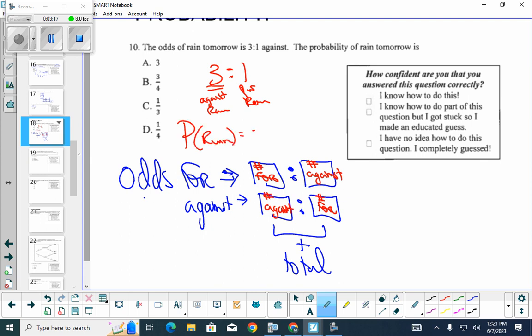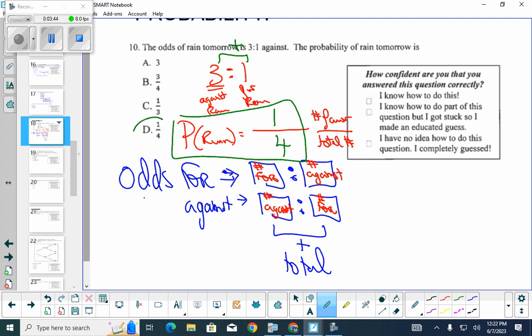The formula for probability is the number of favorable over the total number. The total is adding the 3 and the 1. So which of those numbers is for rain tomorrow? Is it the 3 or the 1? The 1. So the probability of rain tomorrow is 1 out of 4.